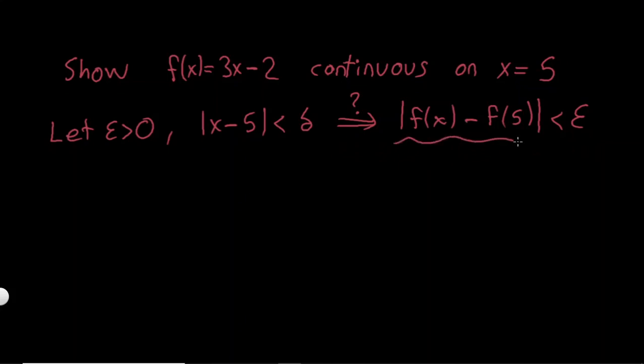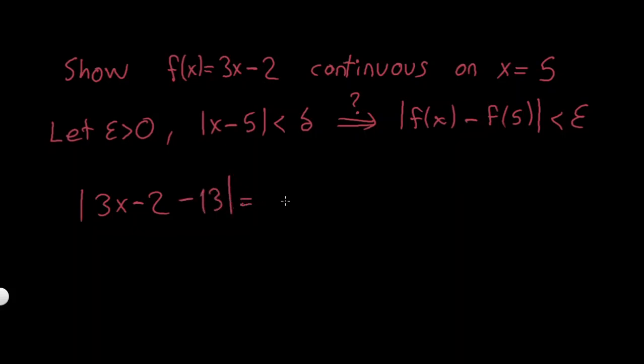Okay, so I'm applying this definition, f(x) minus f(5). So f(x) is equal to 3x minus 2, and minus f(5). So if I just put x equal to 5 in this function, it will be 15 minus 2, which is 13. So I have minus 13.